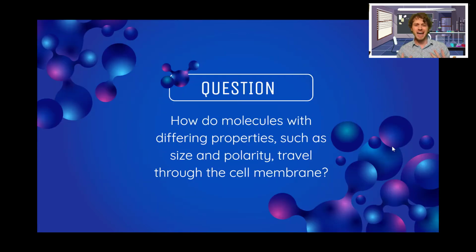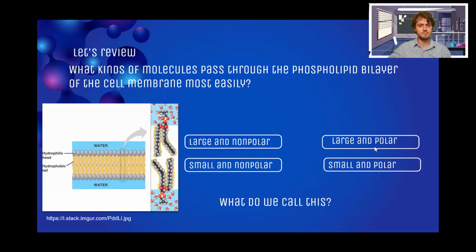So today we're kind of trying to answer, how do molecules with differing properties such as size and polarity travel through the cell membrane? But to start, let's talk about what we looked at before. So we've already looked at what kinds of molecules pass through the phospholipid bilayer of a cell membrane, right?